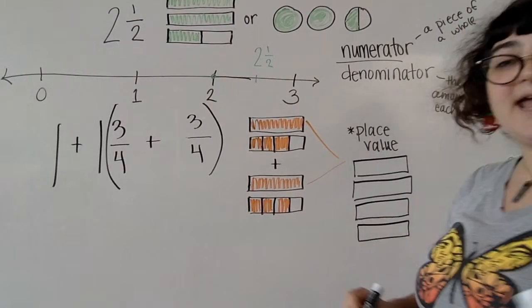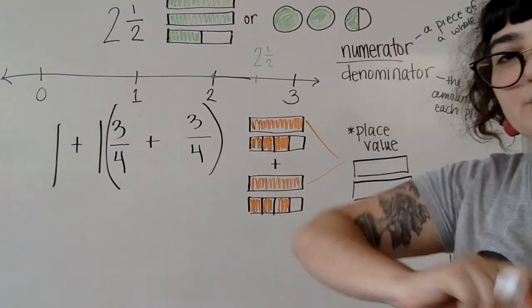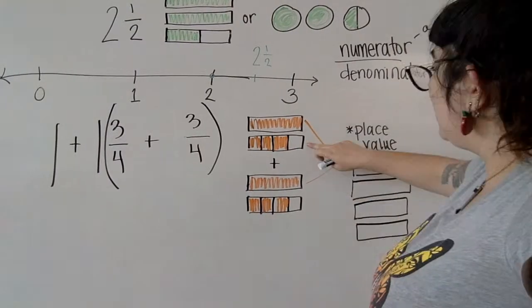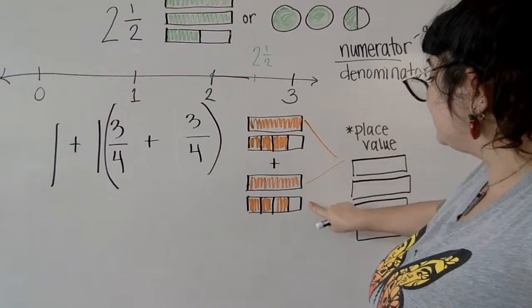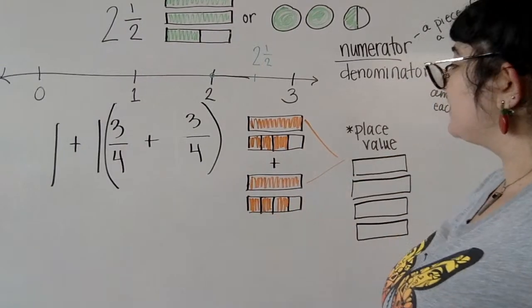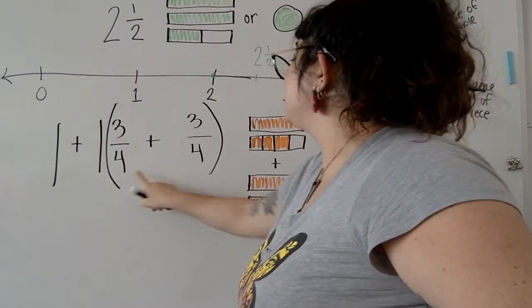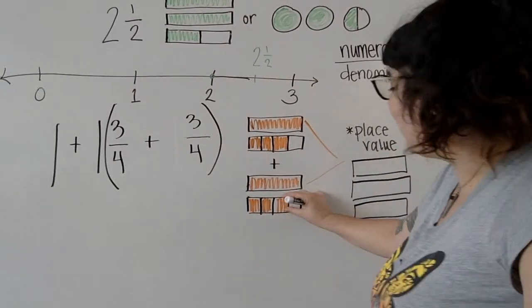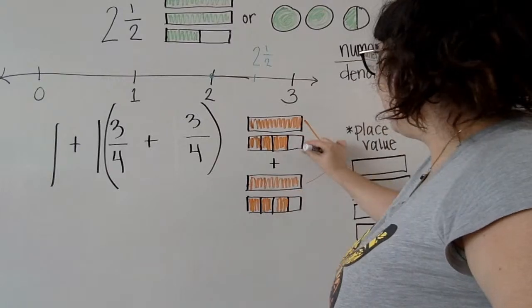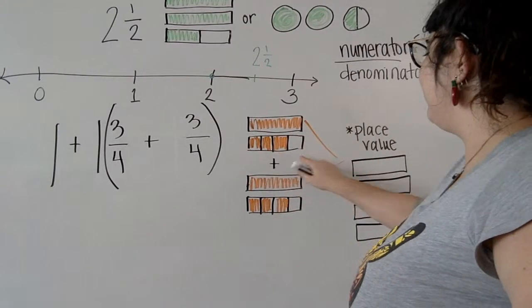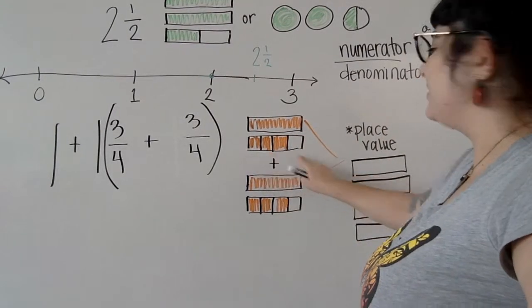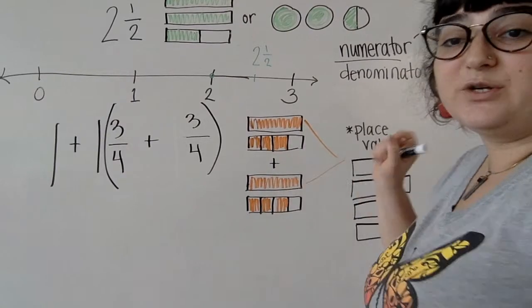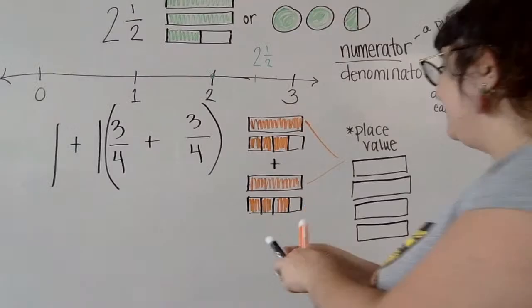If you're saying no, it's not possible, I want us to think about this. Well, I know that both of these are split up into 4 equal pieces, right? And they have the same denominator, which means that I can take one of these away and give it to my 3/4. So now, instead of 3/4, I have 4/4, which equals what?